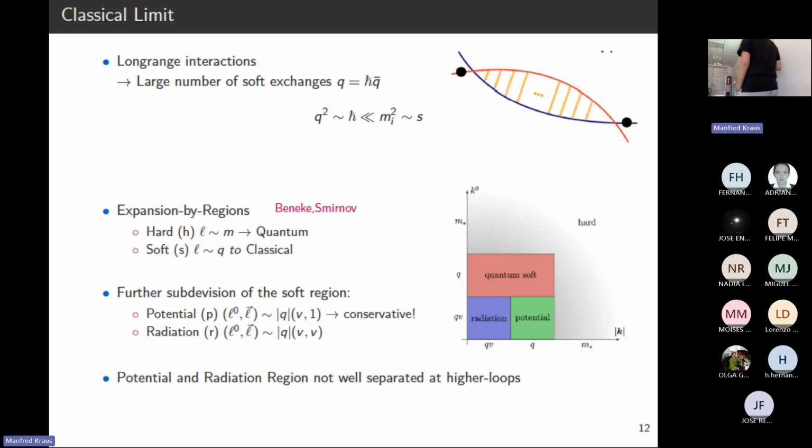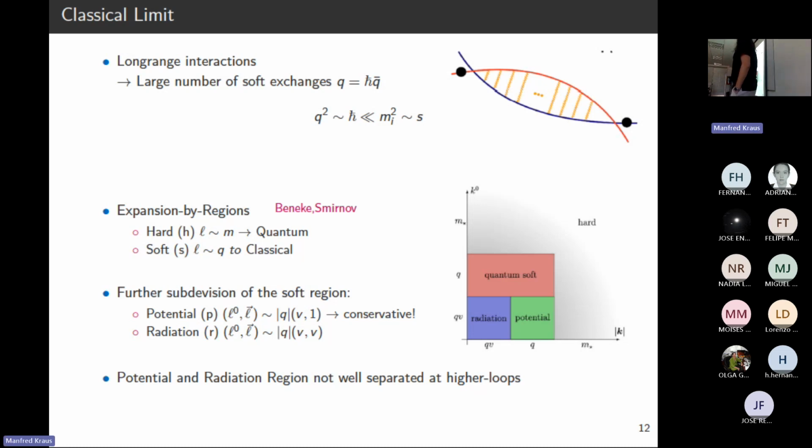So the idea here is you have a lot of graviton exchanges, and the momenta that you exchange are of the order of h bar. They are way smaller than the masses of the black holes involved or the center of mass energy. So now you essentially have to expand your amplitudes in h bar.